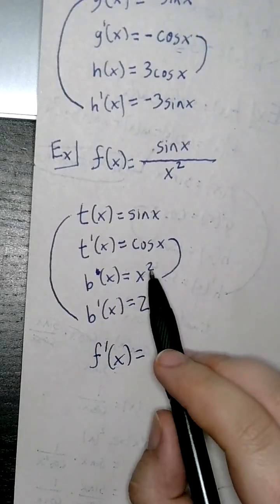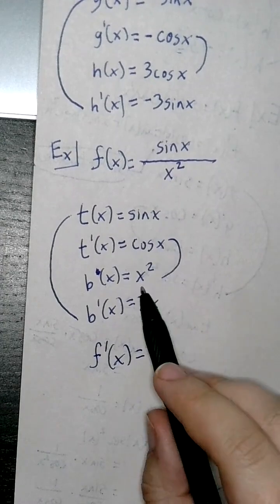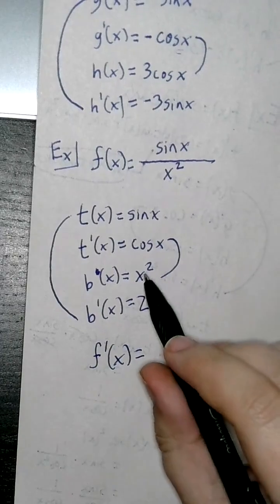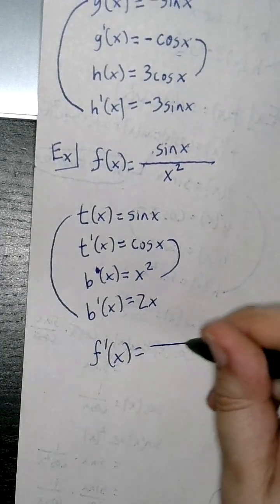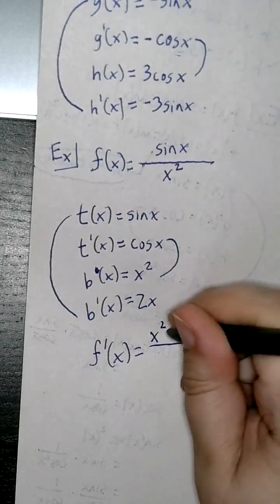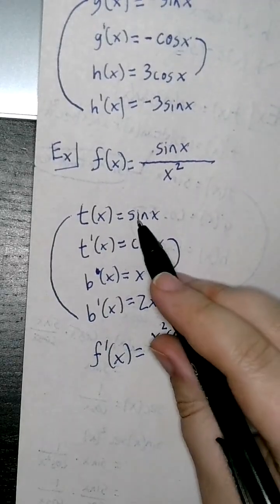So the answer, remember the derivative is low d high minus high d low all over a square of what's below. So I have low is x squared, d high is cosine, minus high d low.